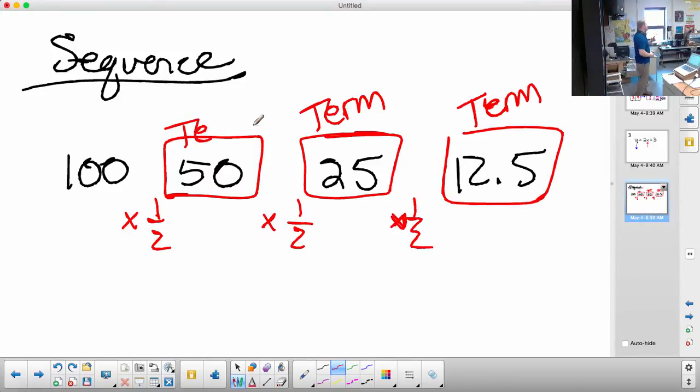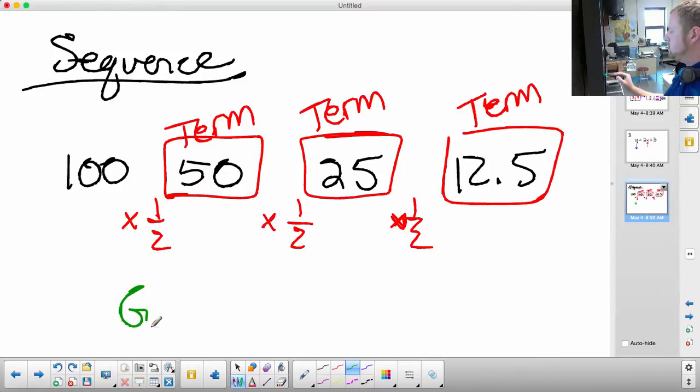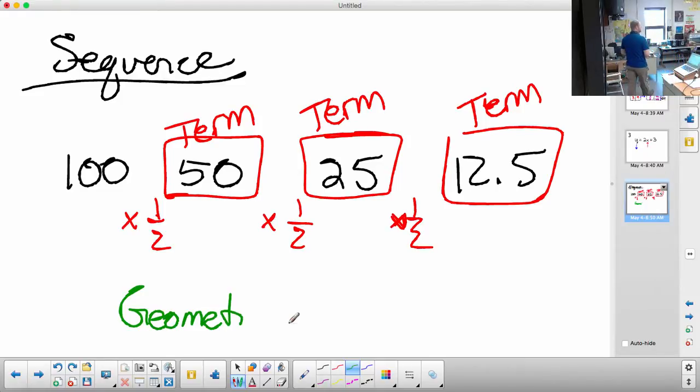They're one number in a sequence. If from one term to the next term to the next term, you're multiplying or dividing, then you have what's called a geometric sequence. So it's only geometric when you multiply or divide. Right. So this is a geometric sequence because I had to multiply by 1/2 or divide by 2.